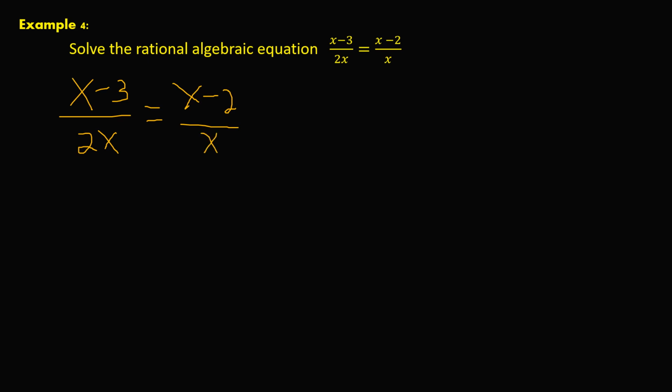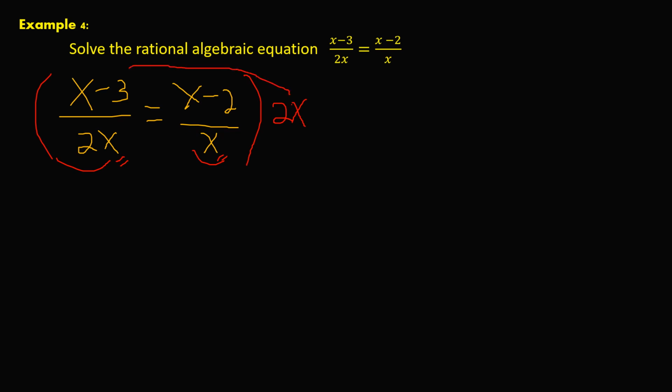Now, since the denominators 2x and x are already expressed in their simple form, we do not need to factor. We just have to take the least common denominator at once. Since the denominators are 2x and x, just take 2x, as x and x are common, so just write them as 1. 2x is the LCD.